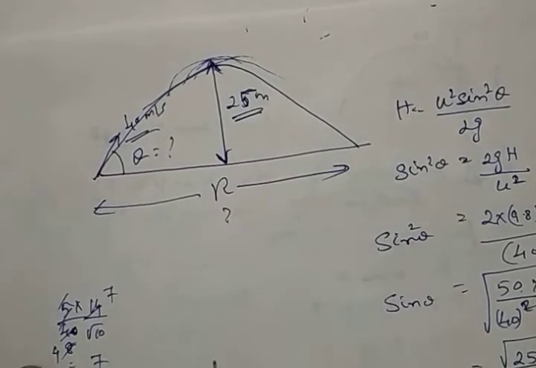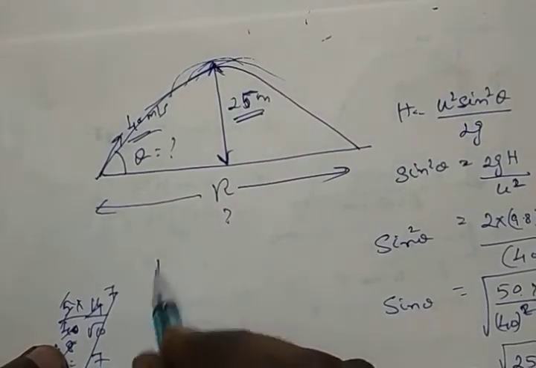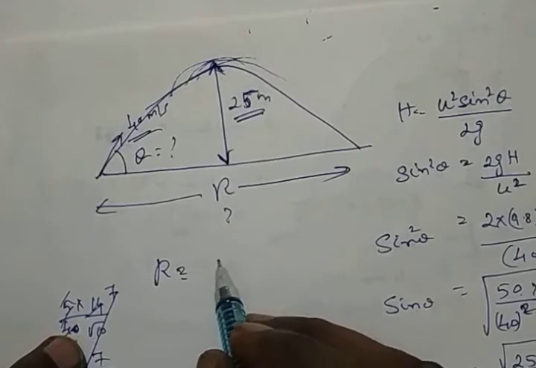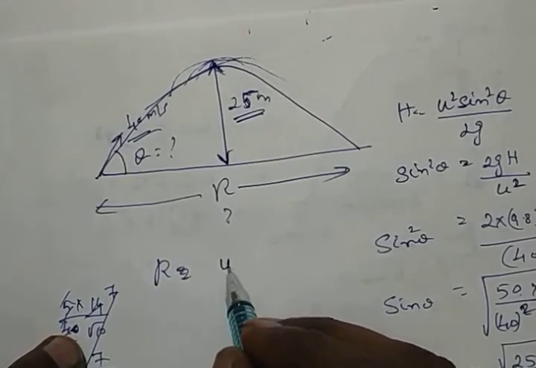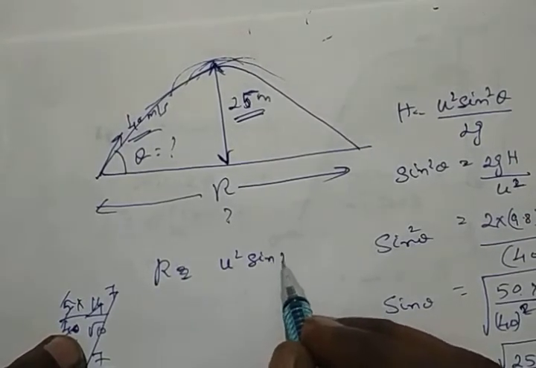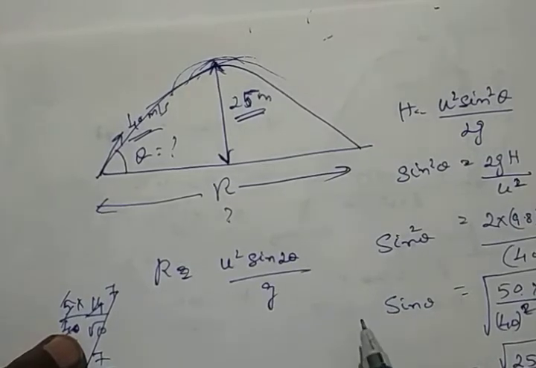Now if this is theta here, then easily you can find out the value of sine 2 theta and the range also. You are asked to find out the range. So range is question mark. Range formula. What is the range? Range is going to be equal to u square sine 2 theta upon g.